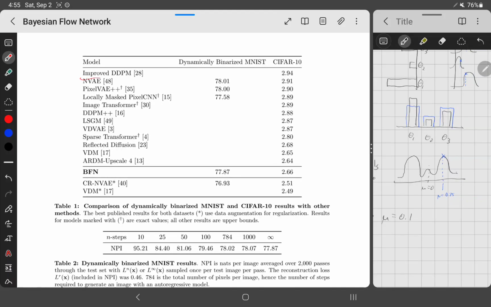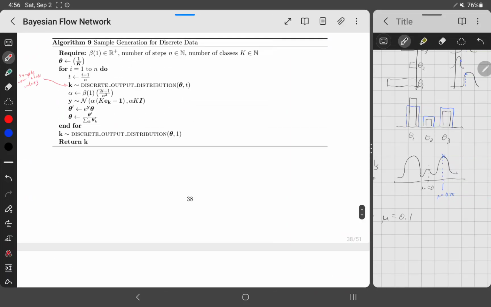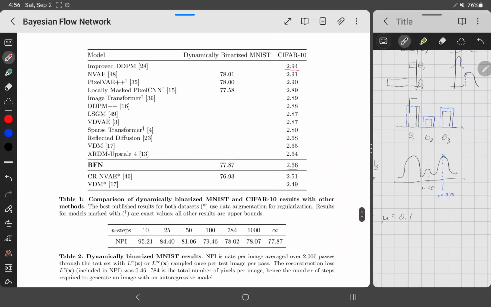Improved DDPM. That's pretty standard. 2.94 on CIFAR10. And the Bayesian flow networks get 2.66. What is this? I don't know, these are just values?